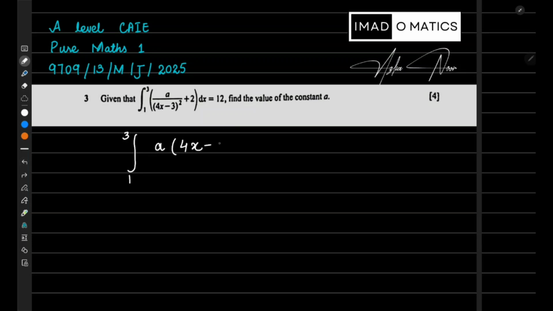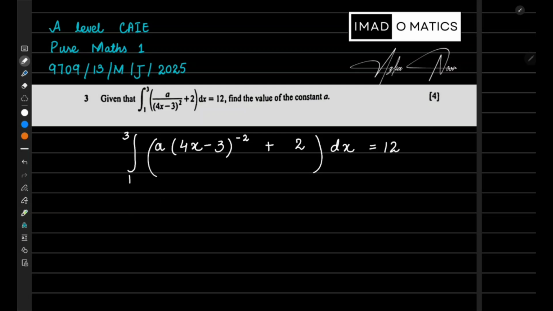So 4x minus 3 in the denominator was power 2. Now it will be minus 2, plus 2, whole integral dx equals 12.